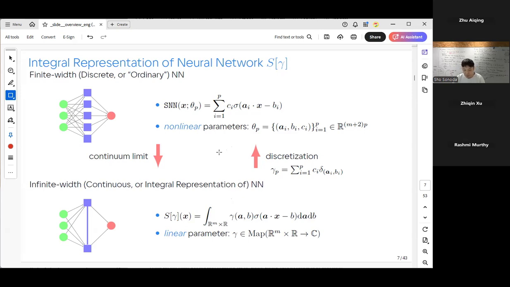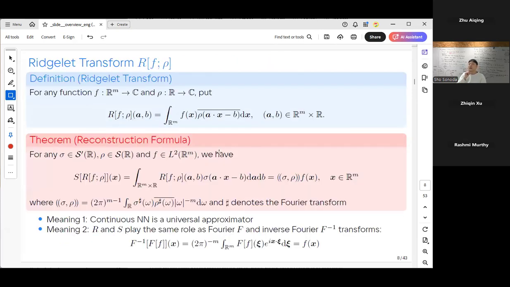Okay, so this is an explanation of the integral representation, and the Ridgelet transform is an inverse transform for the integral representation. What does it mean? First, the definition of the Ridgelet transform is given in this box. Given an arbitrary function f on R^m and an arbitrary function rho, this rho could be different from the activation function sigma.